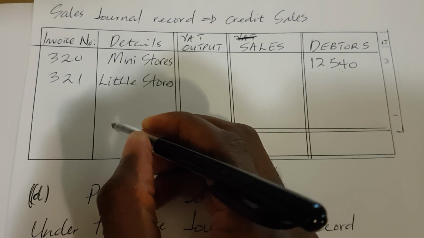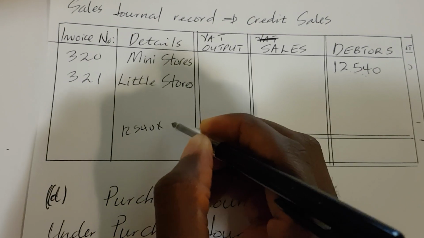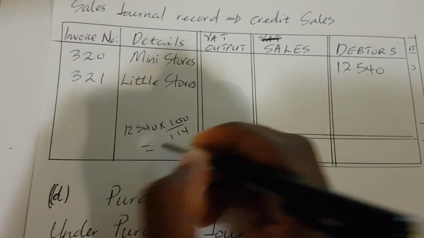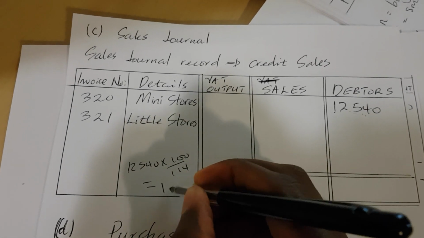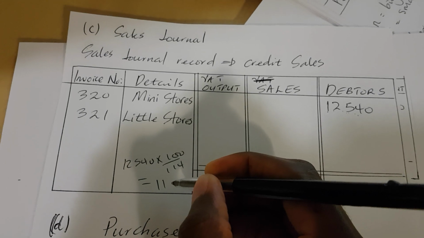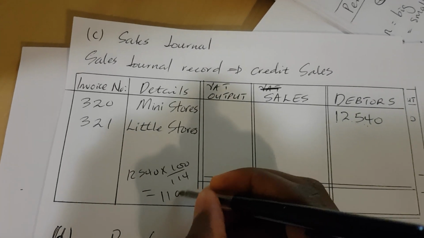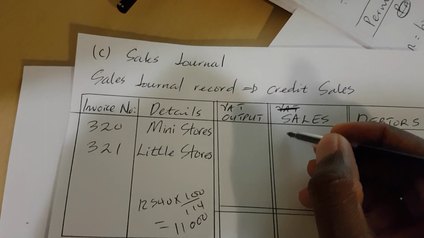I'm going to use this space, guys. We'll say 12,540 times 100 divided by 114, and then we will get 11,000. So 11,000 will be the amount of sales without VAT.